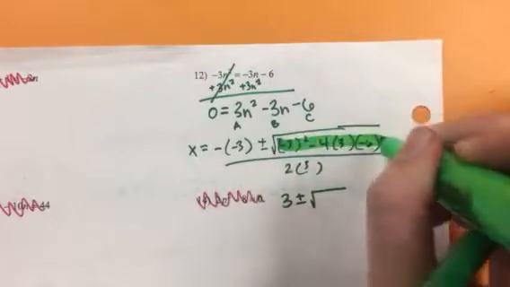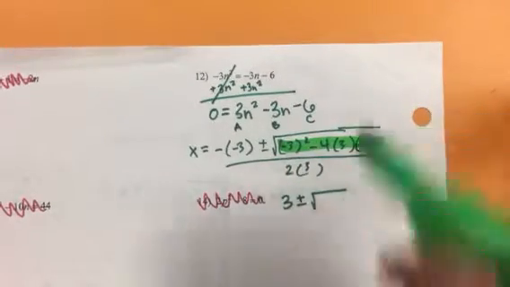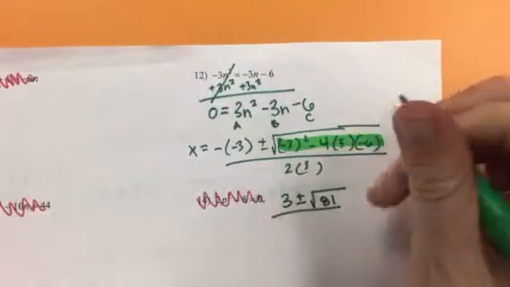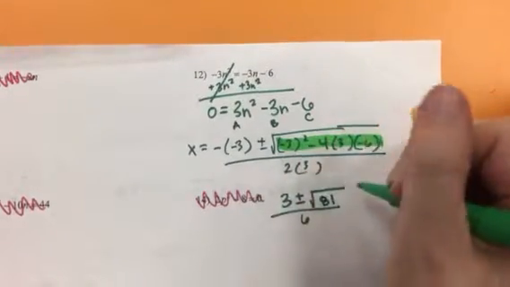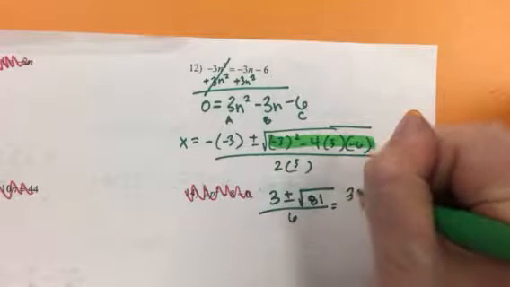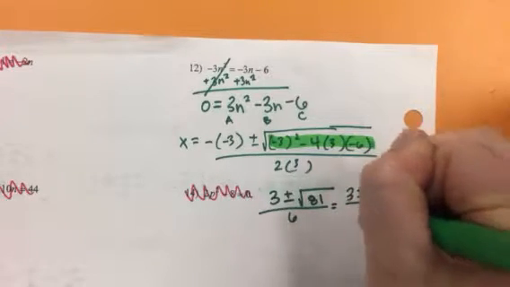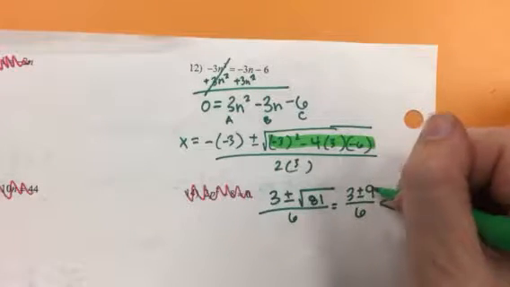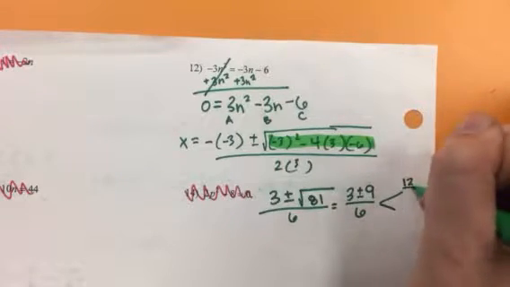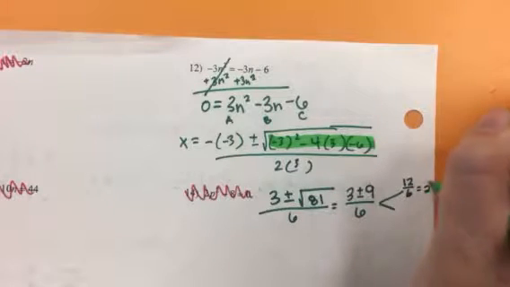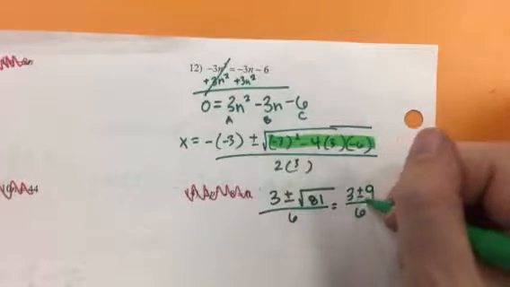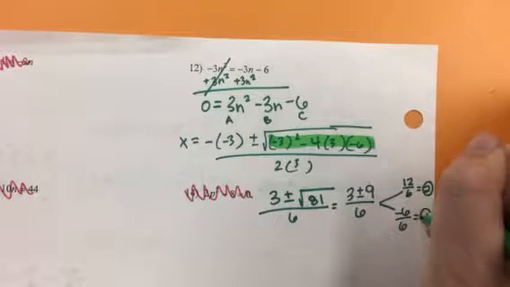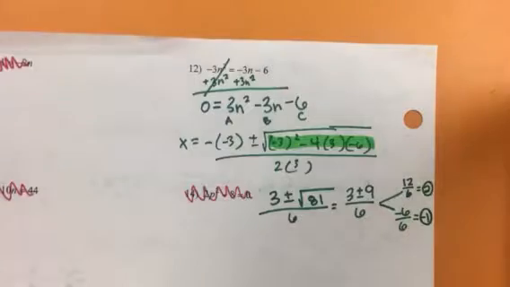Enter this into your calculator, and you should get 81 over 2 times 3 is 6, which is equal to 3 plus or minus 9 over 6. Two solutions. 3 plus 9 is 12 over 6, which equals 2. 3 minus 9 is -6 over 6, which equals a -1 for our solutions.